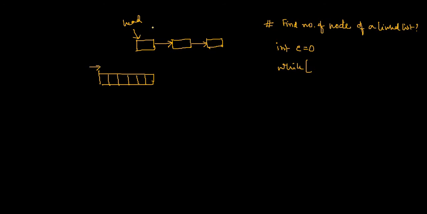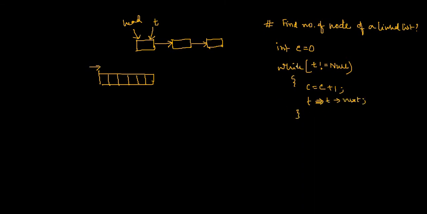That's why I told you to always take an extra temporary variable, say t, which you can change, so that if t goes till the last, it doesn't matter, head still contains the address of the first node. So you can easily write: while t not equal to null, keep on counting, c equal to c plus 1, and obviously t equal to t next.